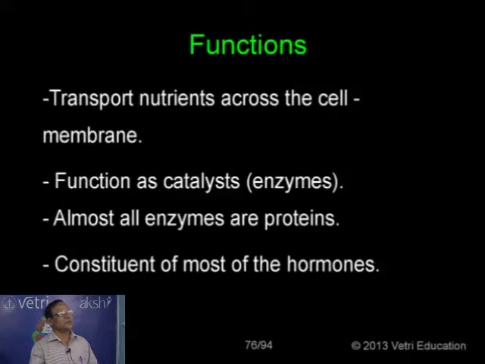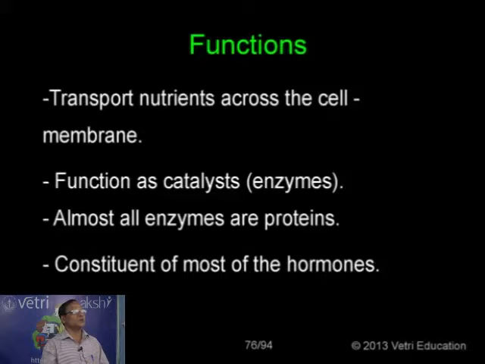So they are considered as biochemical catalysts because almost 100% of enzymes are exclusively proteins. No other components are taking part in the formation of enzymes. So enzymes are purely proteins. And in some cases, you know that some of the hormones are also proteinaceous in nature. For example, there is growth hormone, or we have ACTH, or thyroxine, an amino acid derivative, oxytocin, vasopressin.